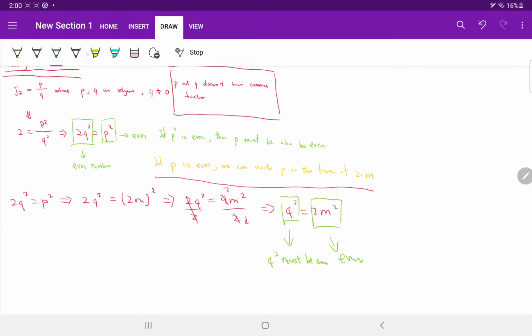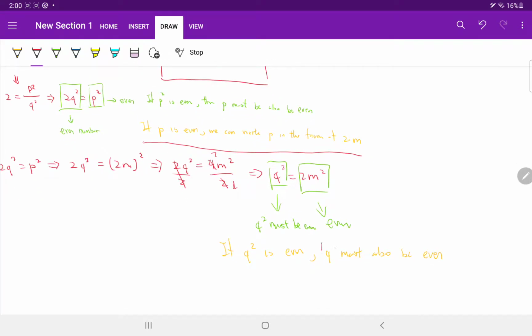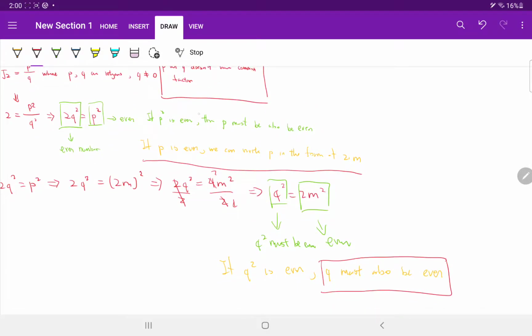If q squared is even, q must also be even. So if we look at this property, q is an even number, and p is an even number, so we connect them.